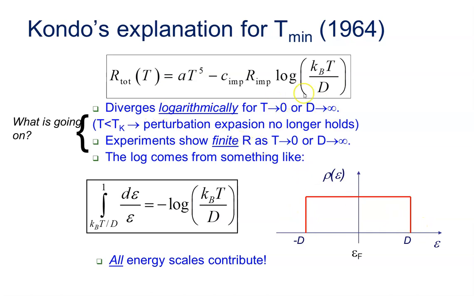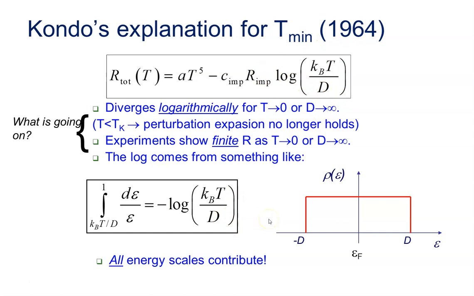It means that below a certain characteristic energy scale, T minus T_K, this expansion breaks down, and the perturbative expansion doesn't hold anymore, meaning that the terms that come after will be larger and larger. So perturbation theory breaks down. Now, of course, the experiments show a finite R at zero temperature as T goes to 0. So this is a problem of the theory.